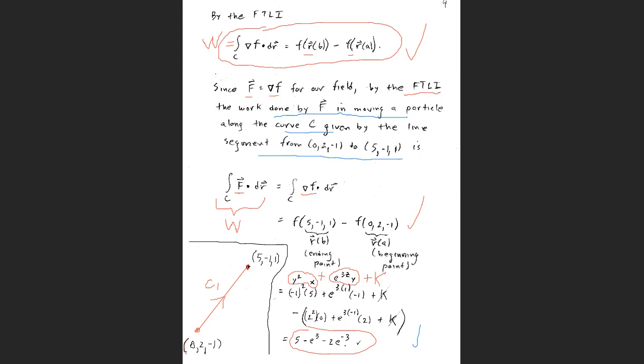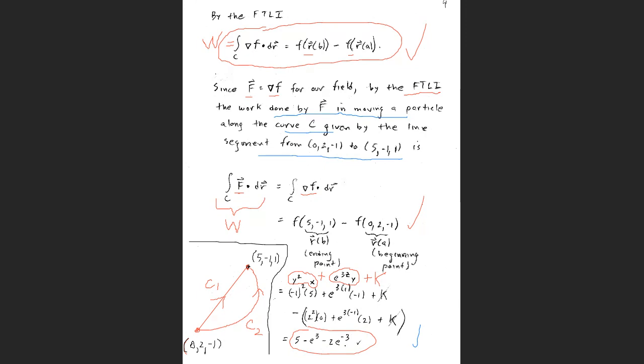Now what if this problem said, find the work done by the conservative force in moving a particle along a curve C defined like this? What if instead that were your curve C2?